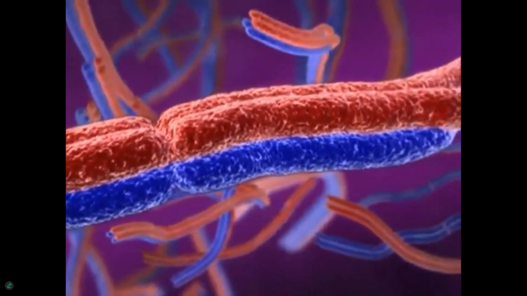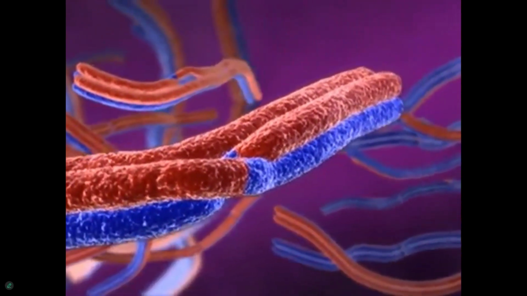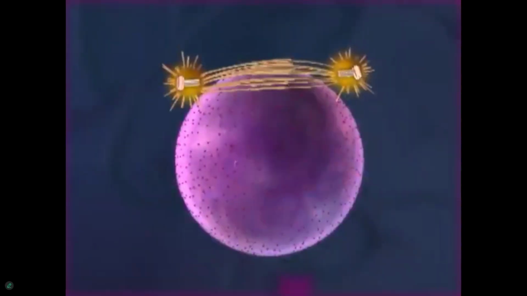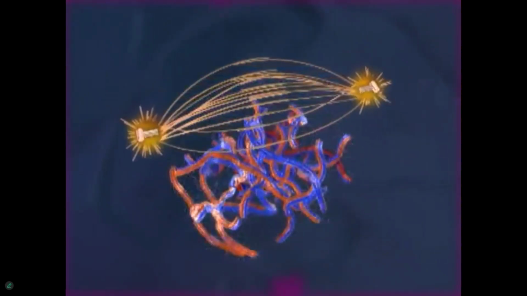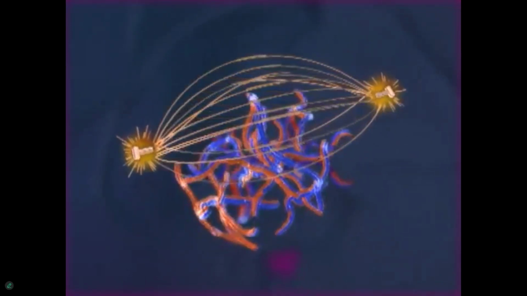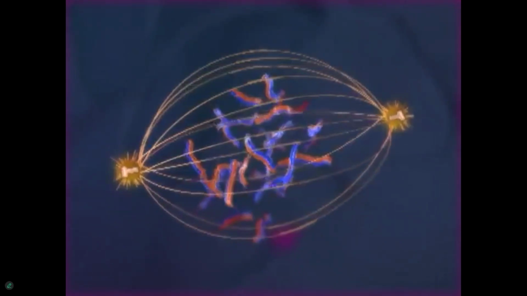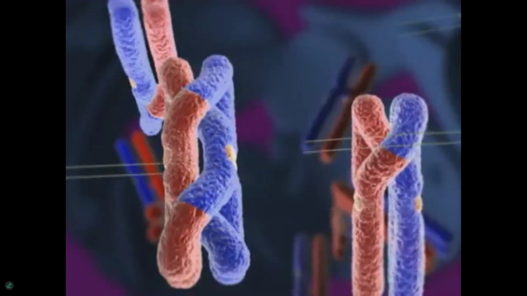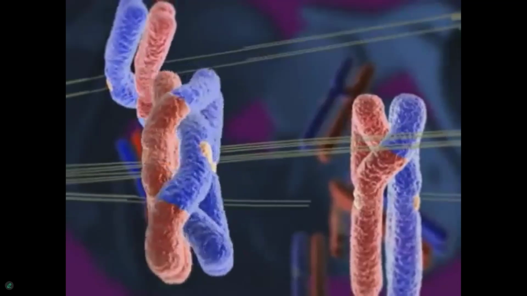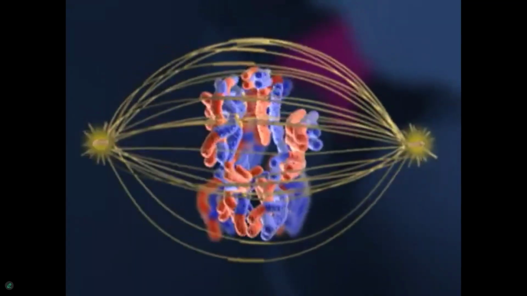The close association of homologous chromosomes allows segments of non-sister chromatids to trade places. This recombination of maternal and paternal genetic material is a key feature of meiosis. After the spindle forms and the nuclear envelope breaks down, microtubules from opposite poles attach to each chromosome of the homologous pair, resulting in a tug-of-war.